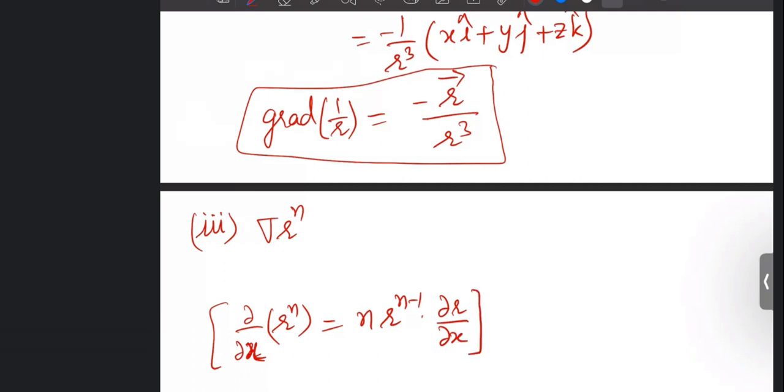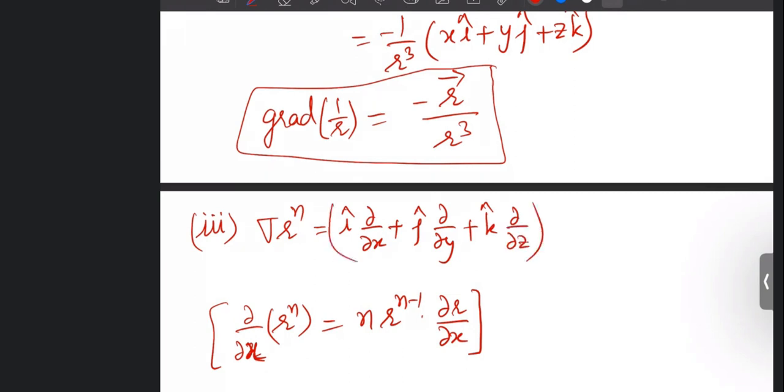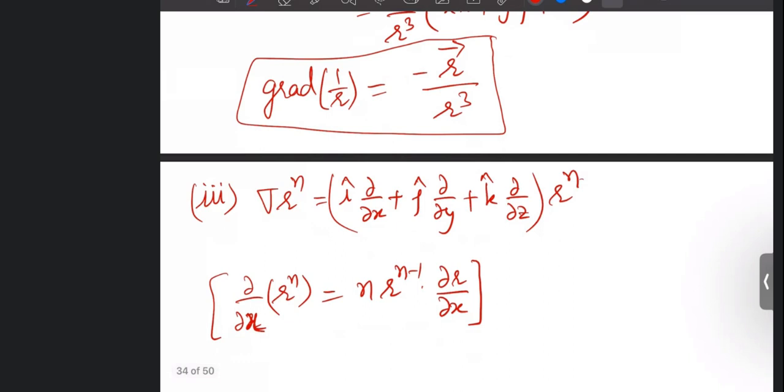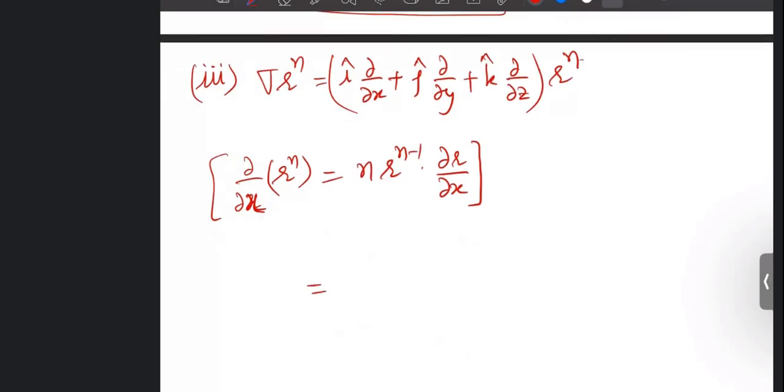Similarly with respect to y and with respect to z. That is equal to i partial by partial x, j partial by partial y, k partial by partial z of r to the power n, which is n r to the power n minus 1 into partial r upon partial x.